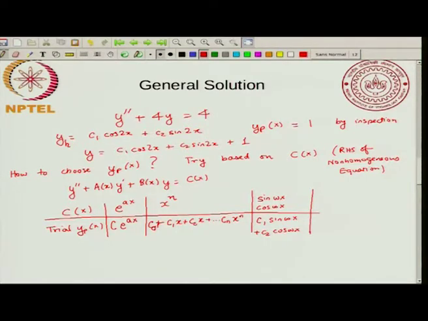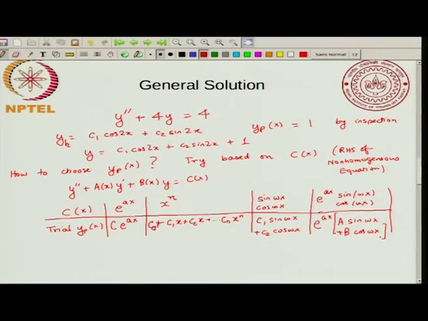If you had a product of e to the ax times sine omega x or cosine omega x, then again your trial function will look like e to the ax times a sine omega x plus b cosine omega x.